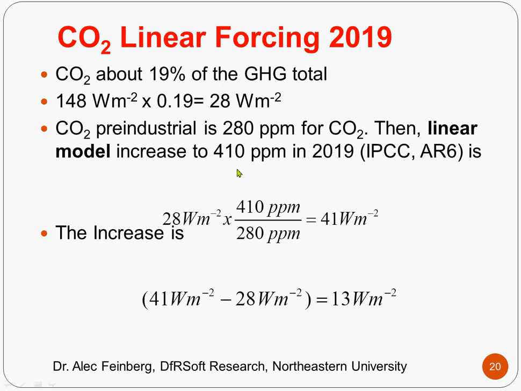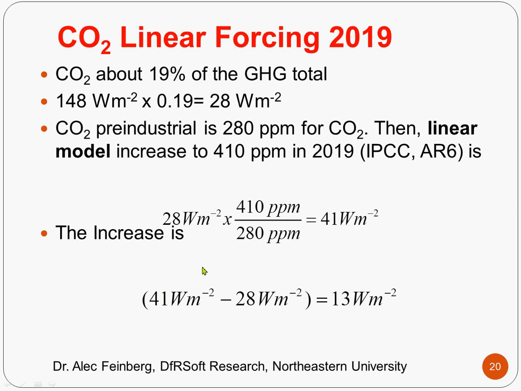Then for the linear model, we're going to use 2019 values, which was the time period numbers that the IPCC AR6 used. Okay, and that value was 410. So in a linear model, we would take the ratio, and so we ratio that up. And so that increase in 2019 would be about 41 watts per meter squared total.